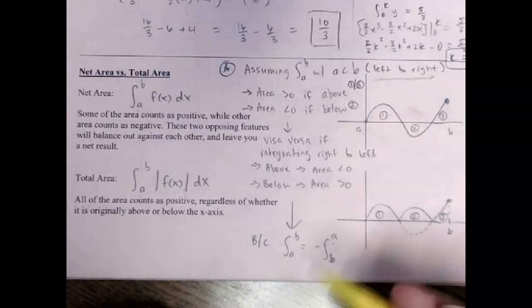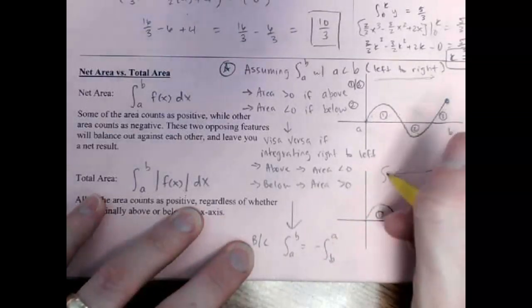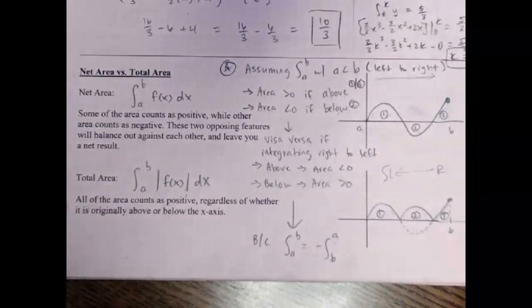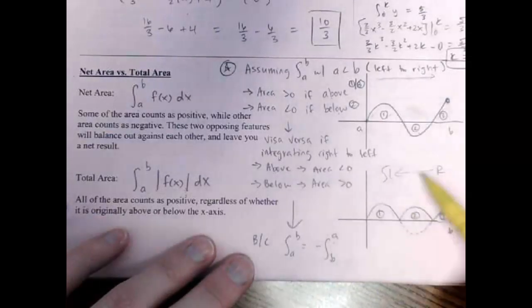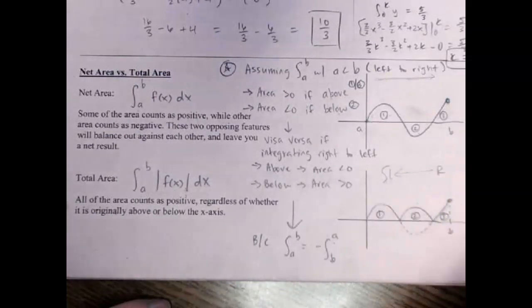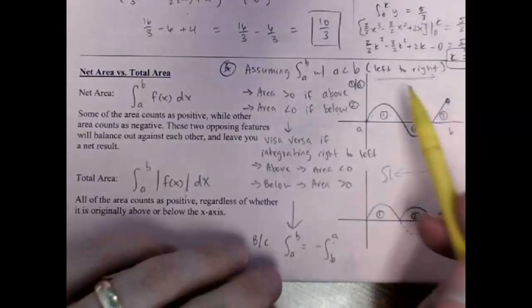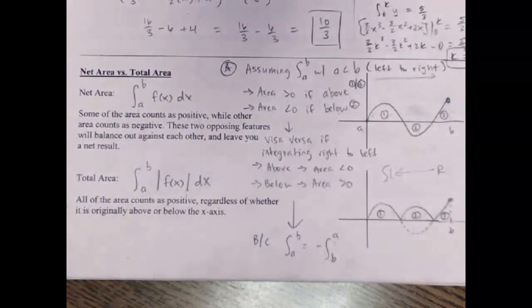If you're integrating from right to left, everything is reversed, and it's just because of this property. We're going to work more with that in a future lesson. But if for some reason I was ever integrating from the right to the left, everything is just the opposite. Most of the time we integrate from left to right. So above is positive, below is negative.